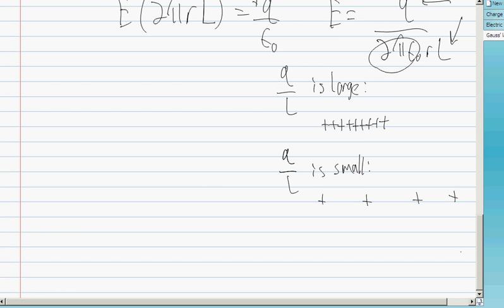Another way that's common to express this is to say you have a line with a linear charge density.